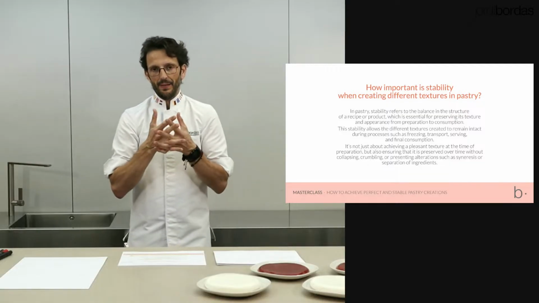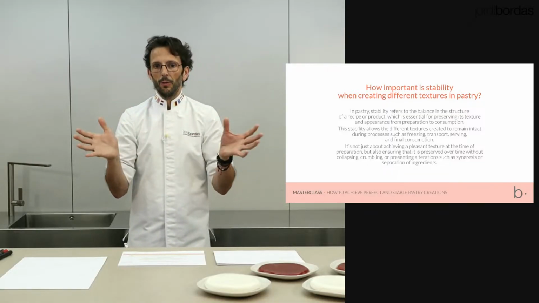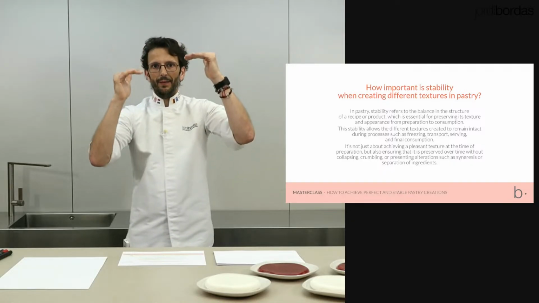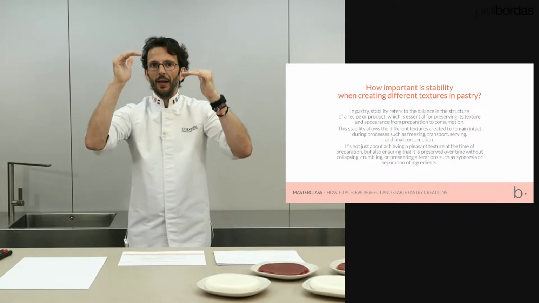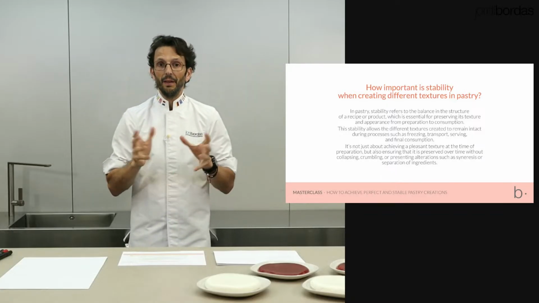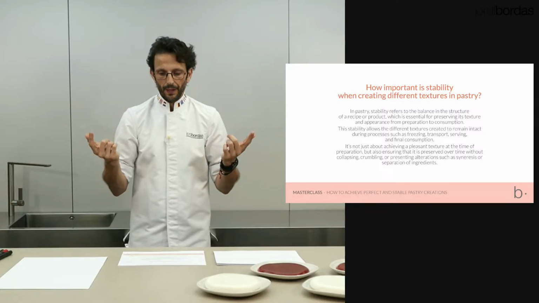So it depends what kind of recipes we are going to prepare in order to build the stability, the balance between the quantity of dry extract and water that we have in the recipe. We will need to work with different percentages and different ways of creation or formulation of the recipe.